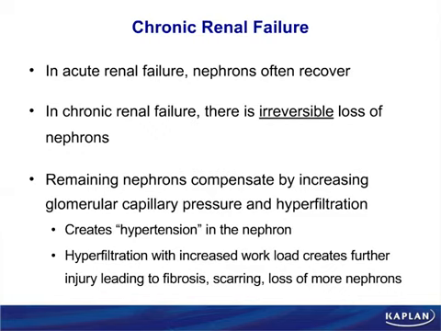This glomerular hypertension leads to increased workload on the remaining glomeruli, leading to fibrosis, scarring, and further loss of the nephron. This is why we use ACE inhibitors in some patients with chronic renal insufficiency. In any patients with nephrotic range proteinuria, we use ACE inhibitors to treat the glomerular hypertension, to reduce the hyperfiltration, and to reduce the time until patients go on dialysis.